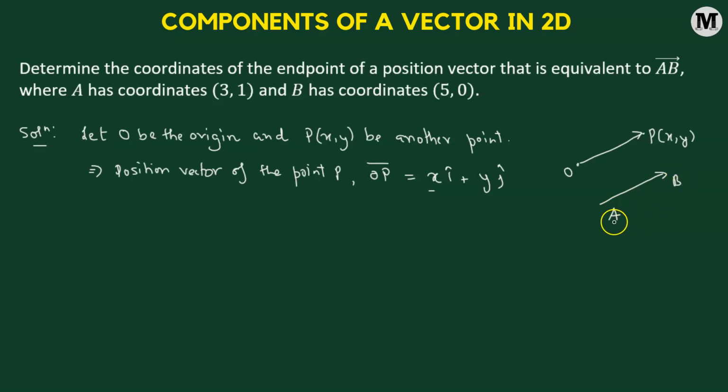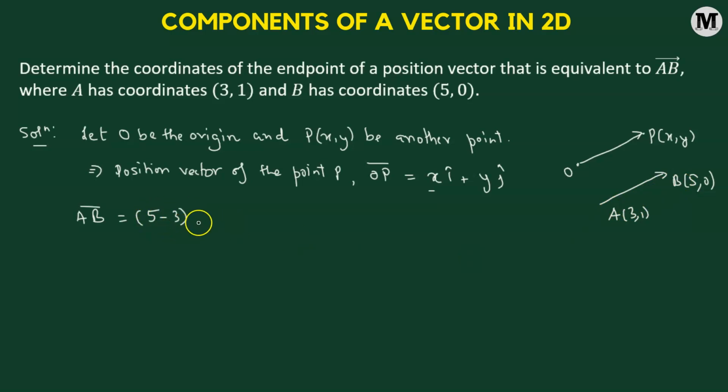Fine. Now we have the coordinates of point A, that's 3, 1, and we have the coordinates of point B, that's 5, 0. So let's try to express the vector AB. So here AB vector, this is going to be, now what we do, we have to take the difference of the x coordinate. Since B is the final point and A is the initial point, we'll take the difference 5 minus 3.